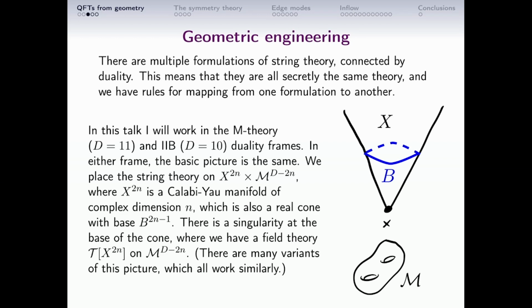Again, there are many ways you can go about it, even once you fix the theory. I'm going to work in the simplest case, which is easy to translate to other formulations. I tend to like to work in the one that's purely geometric. So you have some cone, that's X, that has a base, B, and it has a singularity.